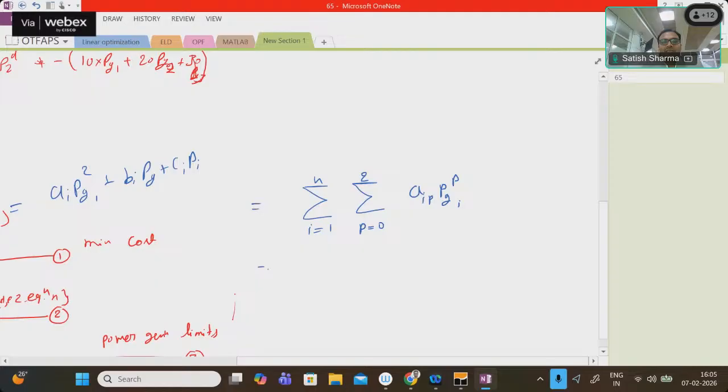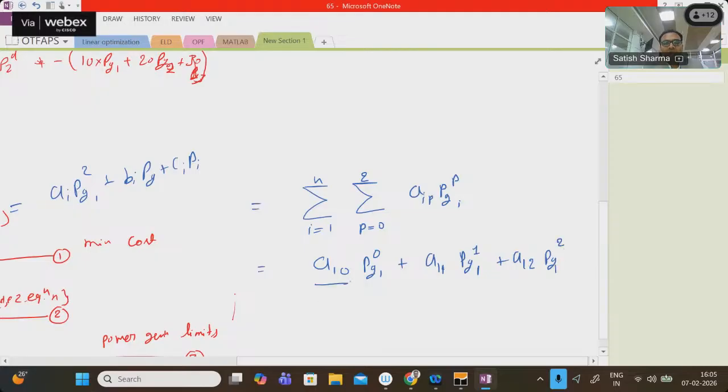What we are doing is, let's say for generator number 1, it will be a1 and p naught, then Pg1 and power is 0, plus generator number 1, P1 and then Pg1 and power is 1, plus how emission constants can be included in economic load dispatch. Very easily, we will discuss about it. Okay, so 1 and 2, Pg1, that is, and power 2.